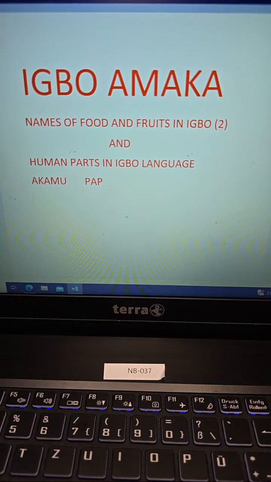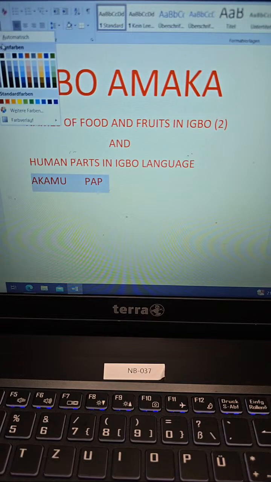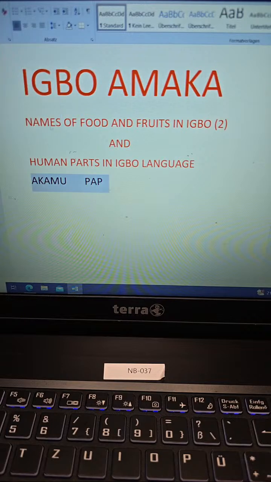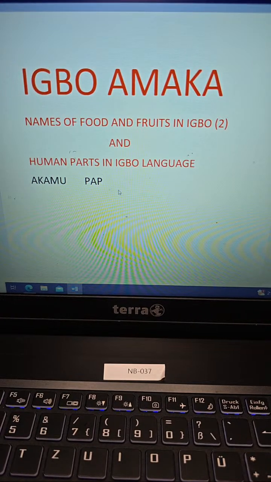I think I will use black color for this so that I will be able to differentiate it. I think it's better. So akamu, pap.